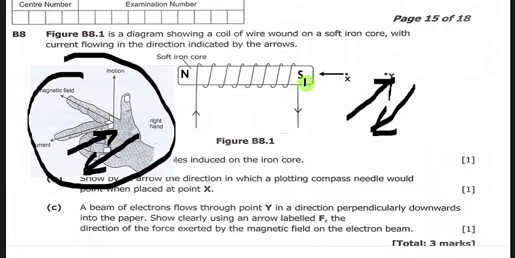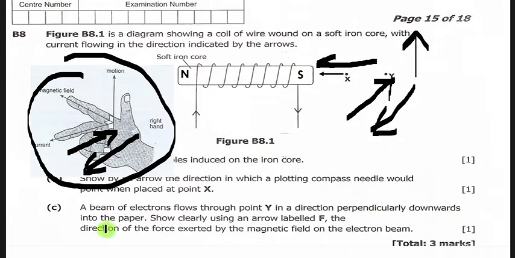Now remember, this is the south, so the fields are going like that. So the finger pointing in the field is going like that, meaning field will point like that. Then there's this finger pointing upward. So this finger means motion.